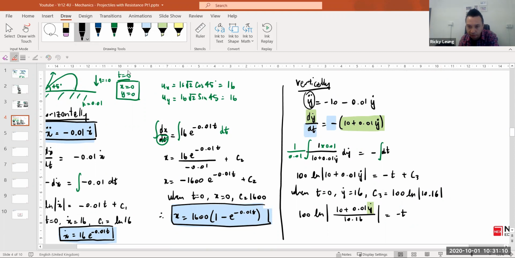I'm going to skip a few steps if that's okay. Once you get that divided over, exponentiate, and minus 10 divided by 0.01, so it becomes 100 times 10.16 exponential to negative 0.01t, minus gravity.